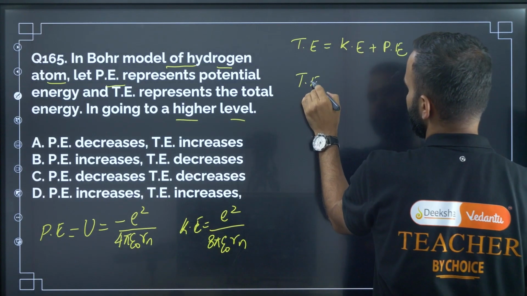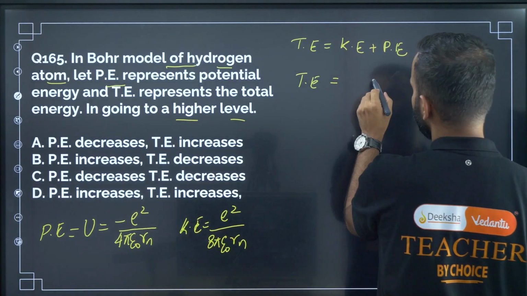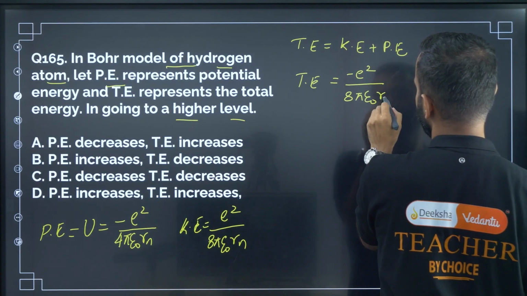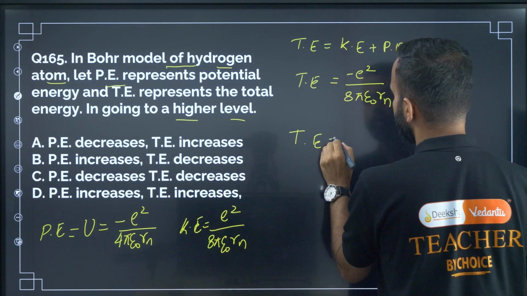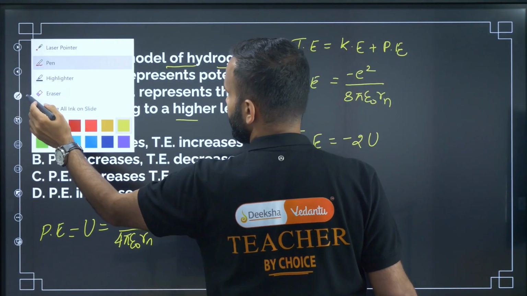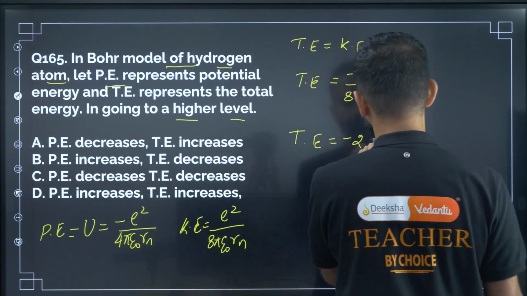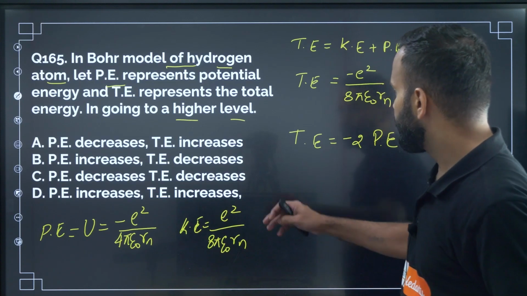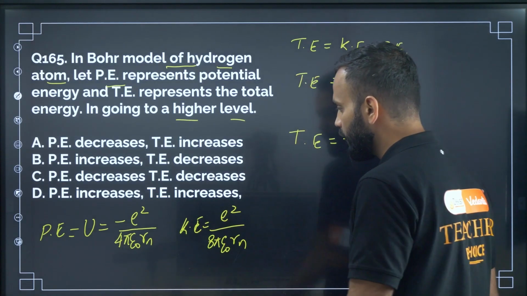Now the total energy is equal to kinetic energy plus potential energy. Substitute these two formulas, then you will get minus E square divided by 8 pi epsilon naught Rn. Now total energy is equal to minus 2 times potential energy. As you go higher level, does the potential energy decrease or increase? Actually it increases.